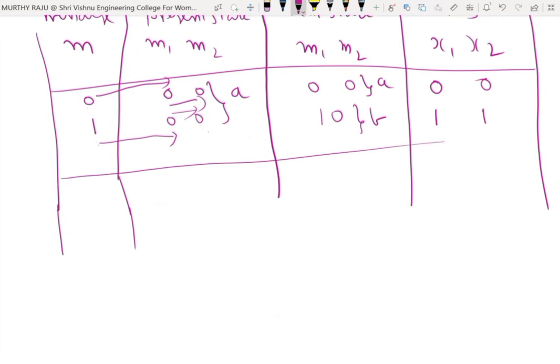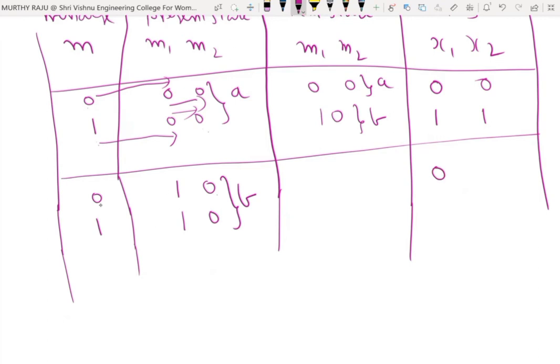Next, consider the B state. The present state is B state, 1, 0. The possibilities of M are 0 and 1. Here X1 is equal to M exclusive OR with M2. 0 exclusive OR with 0 is 0.